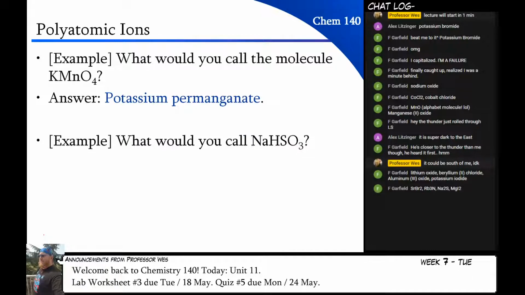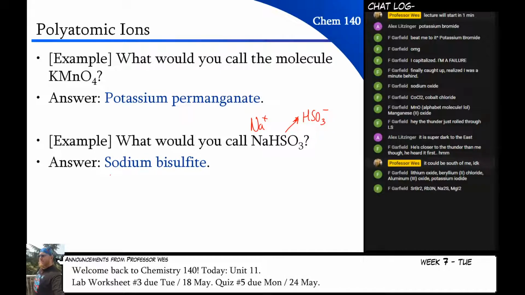How about this one? Well, this is sodium. This must be whatever this is, according to your notes, which is hydrogen sulfite or bisulfite. So we just call it sodium bisulfite.